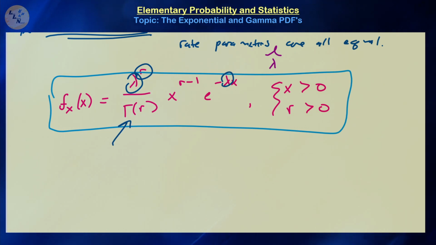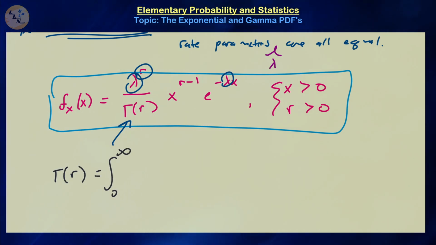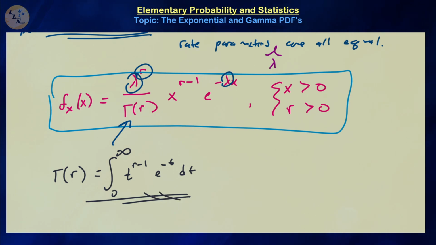Now, what's this interesting function? Maybe you've seen this, maybe you have not. This is another function. The gamma function of r is equal to the integral from 0 to infinity of t to the power r minus 1, e to the minus t, dt. This is a special function that's usually introduced in calculus 2.